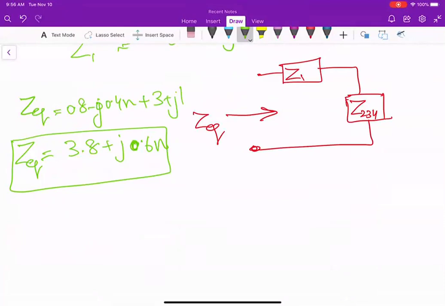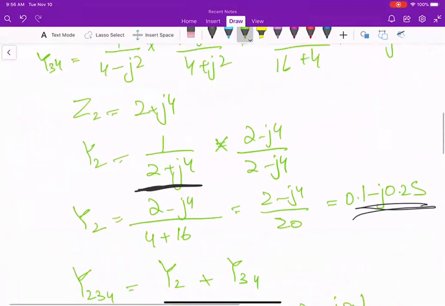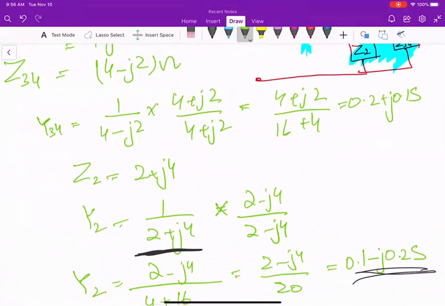And we just need to take care of a few things. One is that when they are parallel, we are dealing with them in admittance. When they are in series, we are dealing with impedance. Other than that, if you have a single number for which you have to take the reciprocal, like j2, you will just do 1 over j2, it's easy.